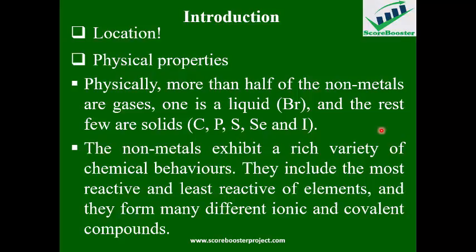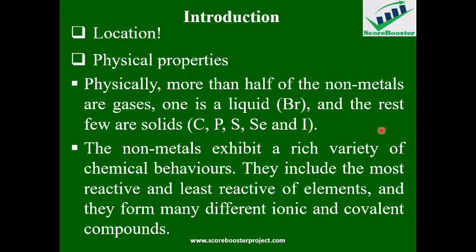So the non-metals exhibit a rich variety of chemical behaviors. Like I said, in metals we have an organized structure that we can use to describe metals, but in non-metals it is not like that. They have diverse ways of behaving, such that the property of a particular one cannot be used to generalize for the property of another, even if they are in the same group or in the same period.